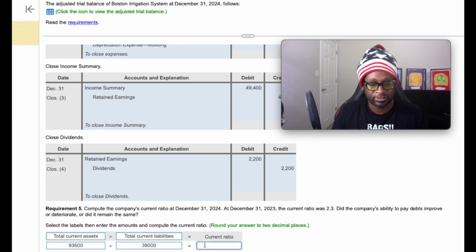That will give us a current ratio of 2.4, which basically means that for every $1 the company has in current debt, they own $2.40 of current assets. We also could consider that the company can pay off its current debt based upon its current assets 2.4 times. We're going to check the answer.